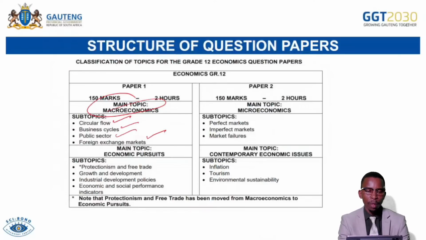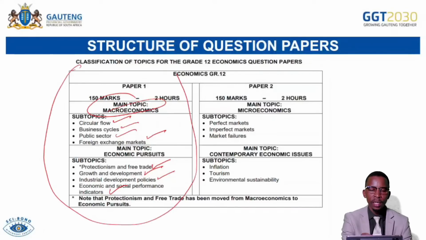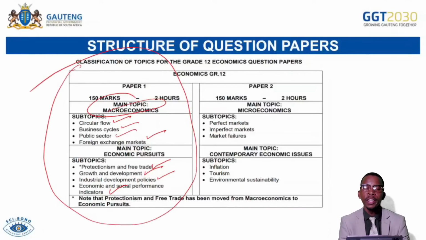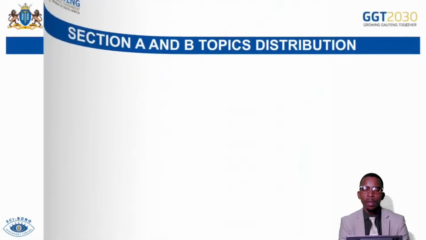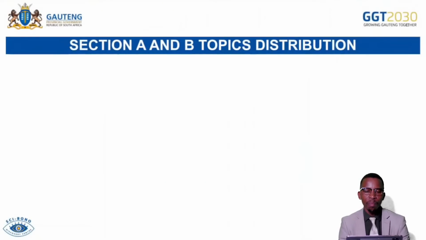And then economic pursuits consist of protectionism and free trade, economic growth and development, industrial development policies or regional development, as well as economic and social indicators. So our focus area today is here. We are not doing anything related to paper 2. That's why you focus on the first column of our examination structure.